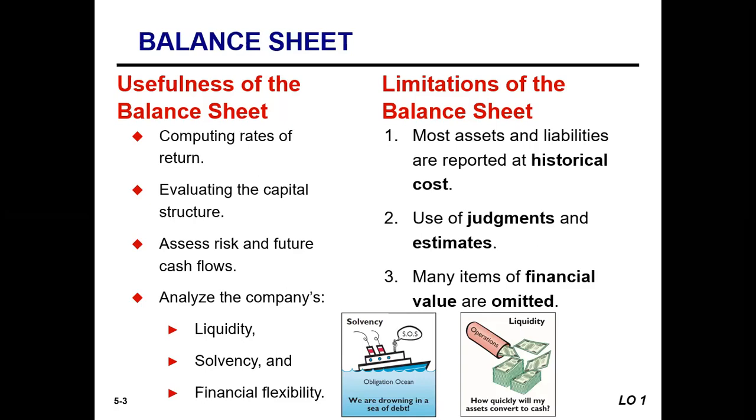We use judgments and estimates when we're determining, for example, depreciation expense. We might estimate that an asset's going to last us 5 years, but maybe it only lasts 4. So we use an estimate there. Salvage value is another estimate.